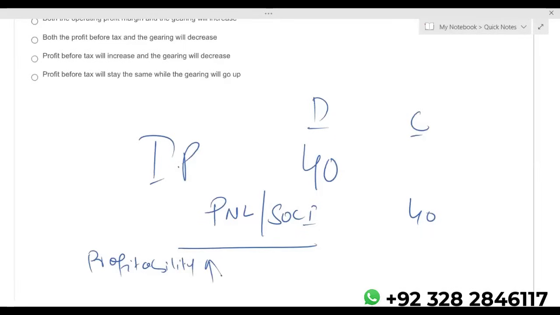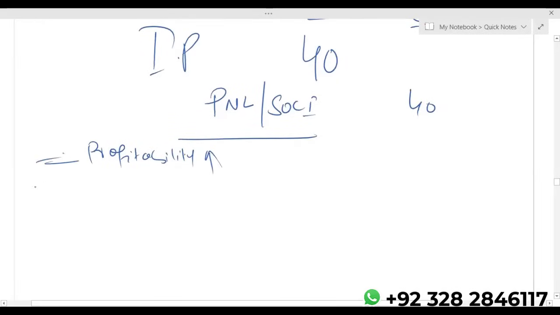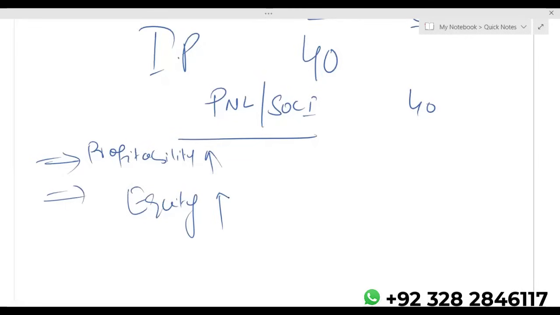Now, I want to say one thing. Due to the rise in profitability, can I say the total equity of the company will also increase? Please comment on that. Yes or no? Due to the rise in profitability, equity will also increase. Profitability is a part of equity.